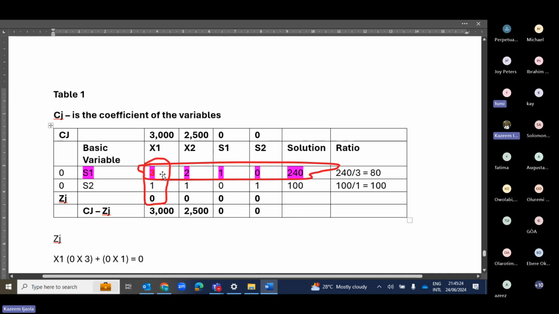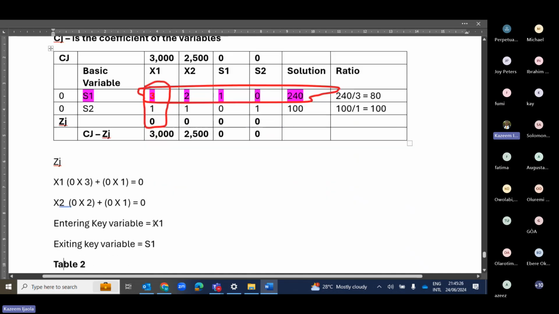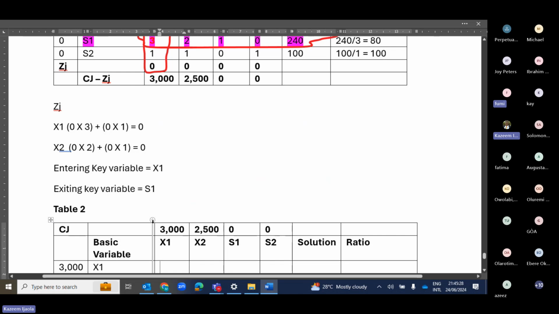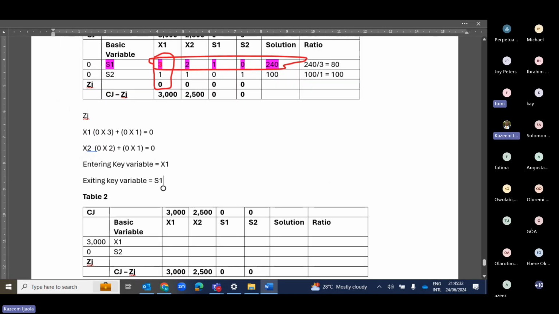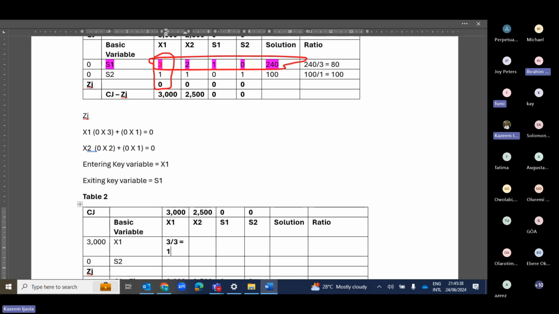So if I'm to do that, let me reduce it. Here I have 3. I will say 3 divided by 3, which is equal to 1. Then here I will say 2 divided by 3. I must divide everything by 3, the key element.